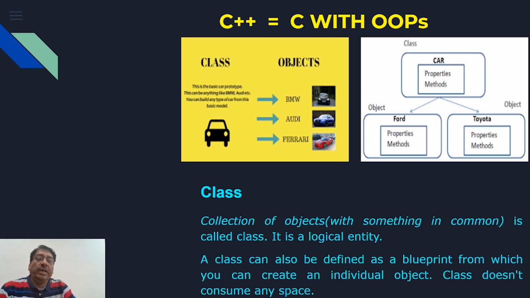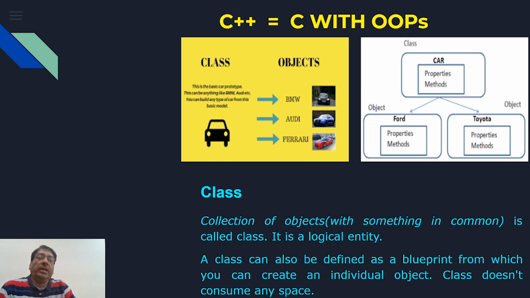So when we say a class of C++, we have a group of students there, including the faculty, and you call it a group of objects. But what is common among all of this? The common thing among all of us is that we are going to learn a particular language called C++.